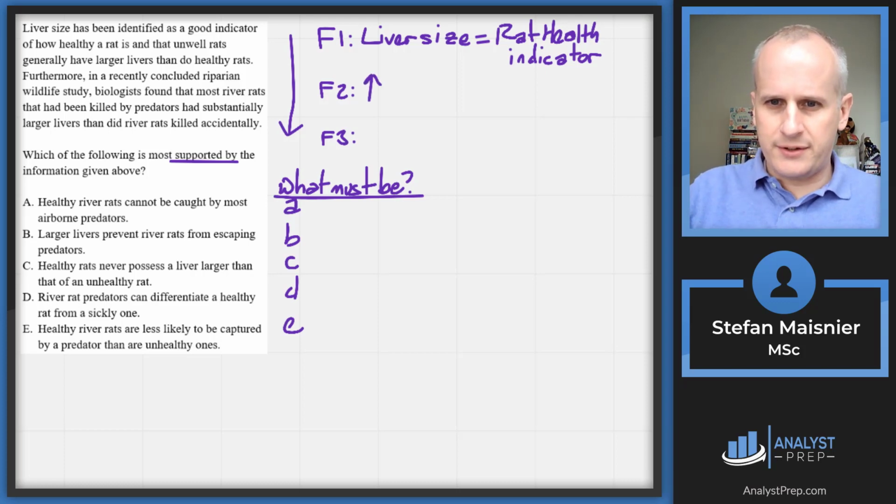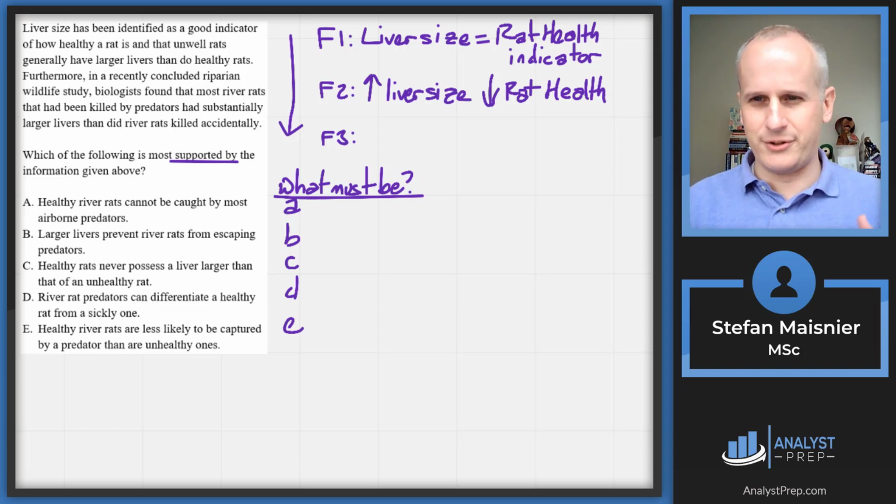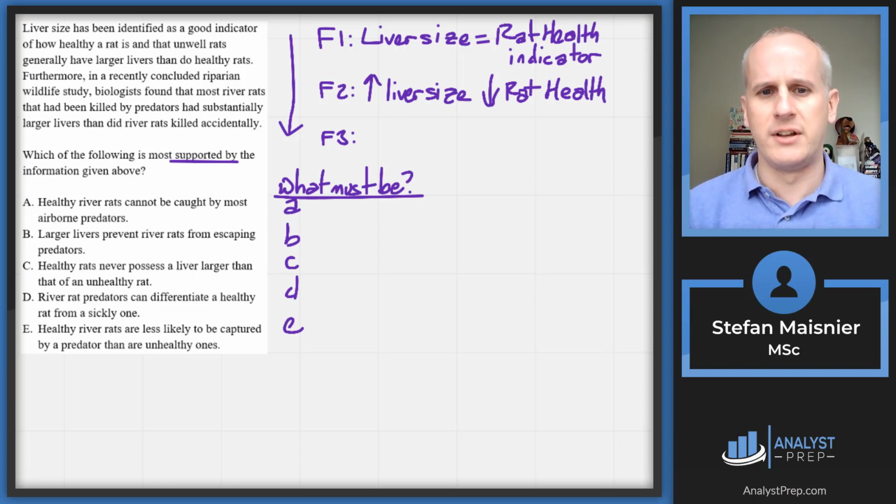Okay, so if we've got an increase in liver size, that means we have a decrease in rat health. You want to translate that, because unwell rats have larger livers. We're talking about health, so make it more streamlined and simple for you to keep track of.